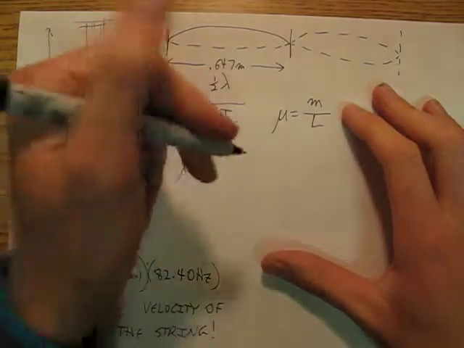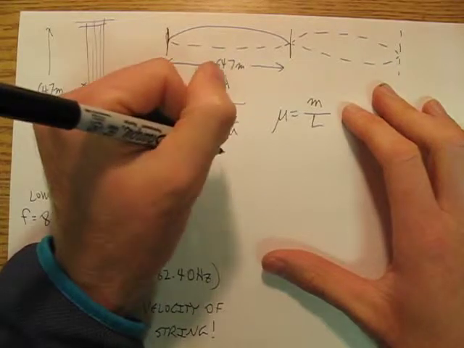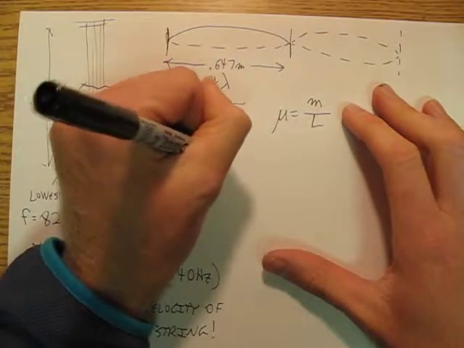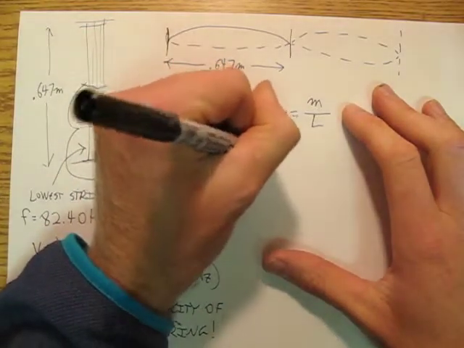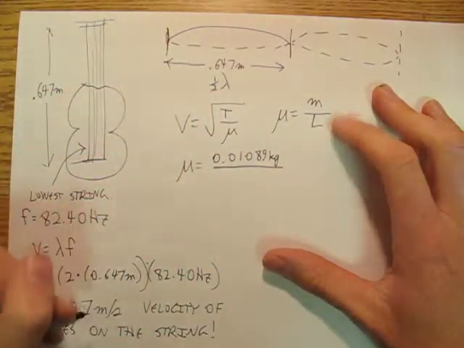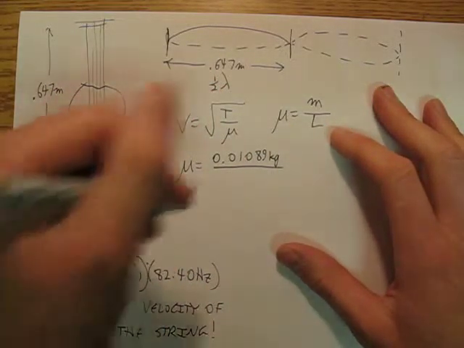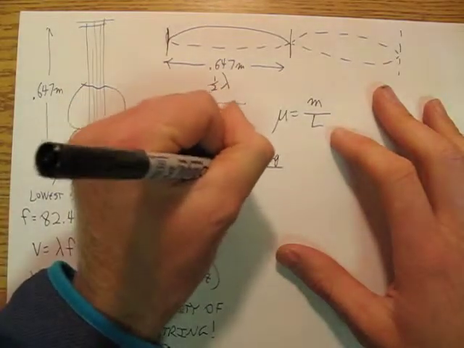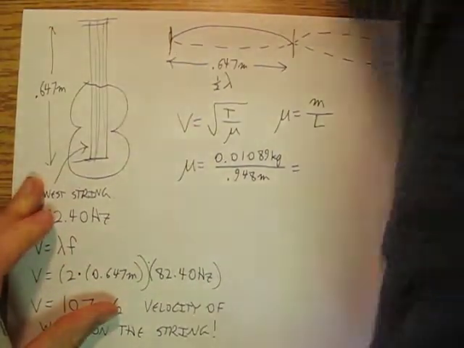I said it was 10.89 grams, so I'm going to say 0.01089 kilograms per length. My length was 94.8 centimeters, so 0.948 meters.